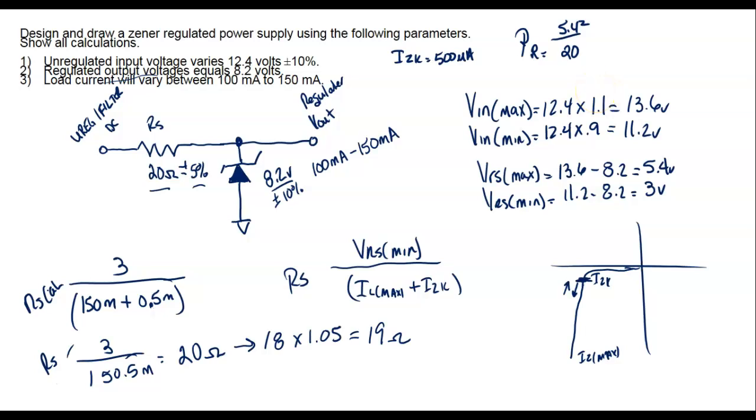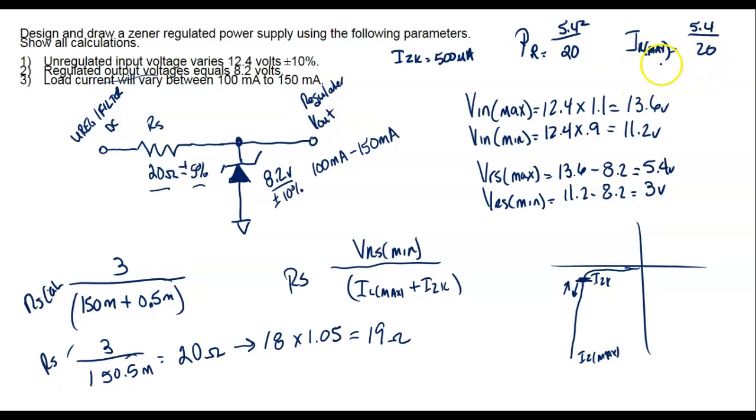Or you could calculate the current. So you could do that one. Or you could say IR max, what you learned in DC, would be equal to 5.4 divided by 20 ohms.